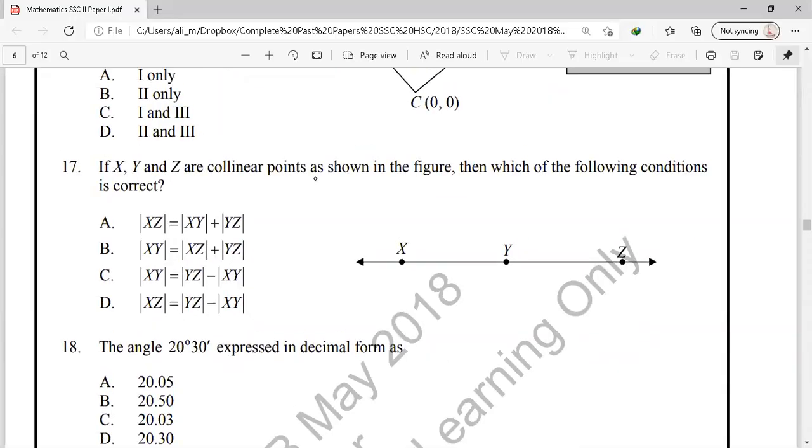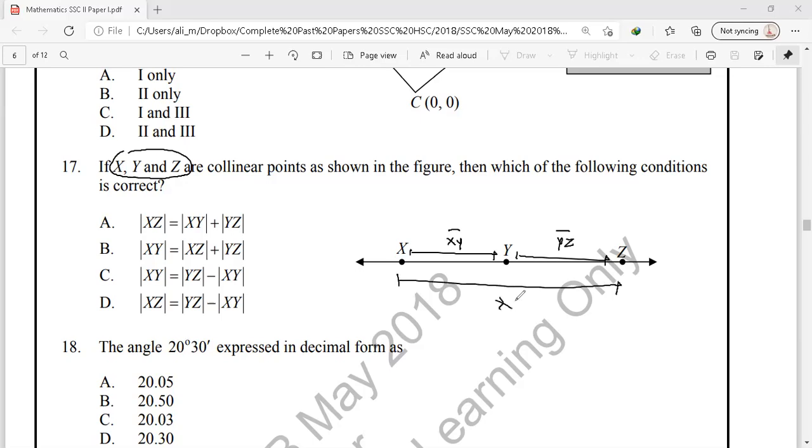Okay, so let's see question number 17. If x, y, and z are collinear points as shown in this diagram, we have to identify the correct equation representing this situation. So collinear means that all 3 points will lie in a straight line. So this is the distance xy, and this is the distance yz, and this is the distance xz.